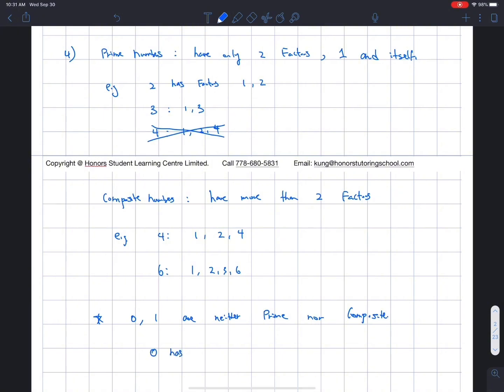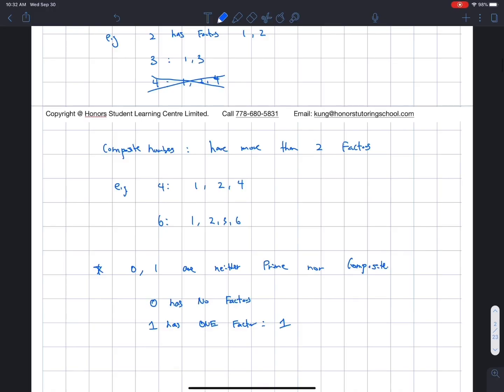So I can say 0 has no factors, and 1 has just 1 factor. So it doesn't even have 2 factors. The only factor of 1 is just 1. That's why they are neither prime nor composite. You also need to know that 2 is the only even prime number.